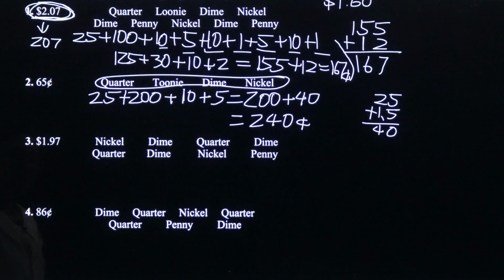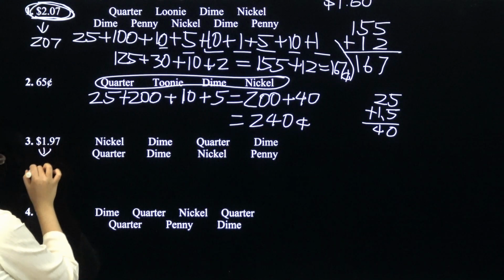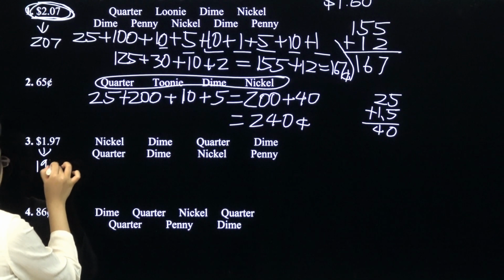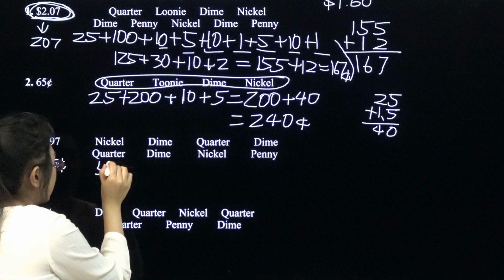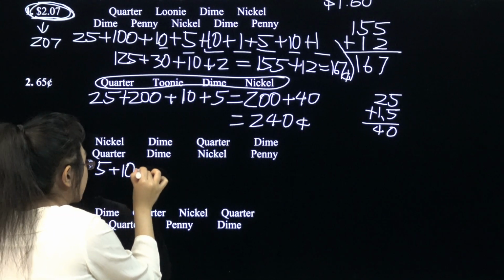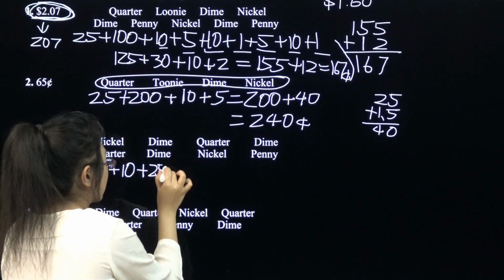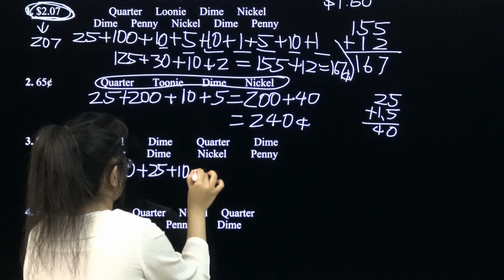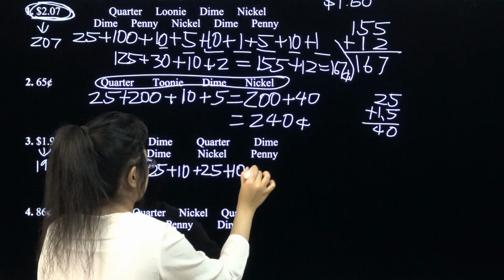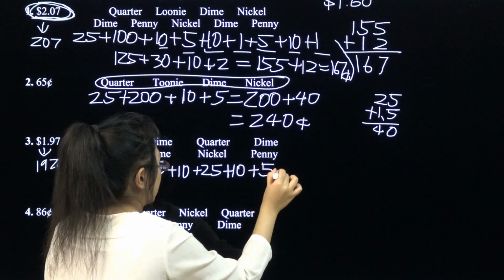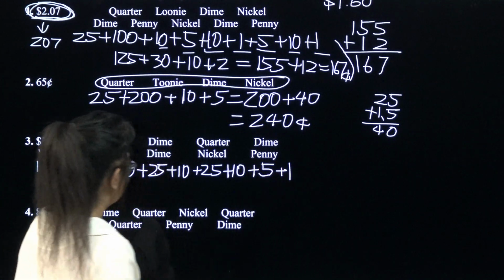Now, $1.97, which is 197 cents, versus nickel, 5, dime, 10, quarter, 25, dime, 10, quarter, 25, dime, 10, nickel, 5, penny, 1.